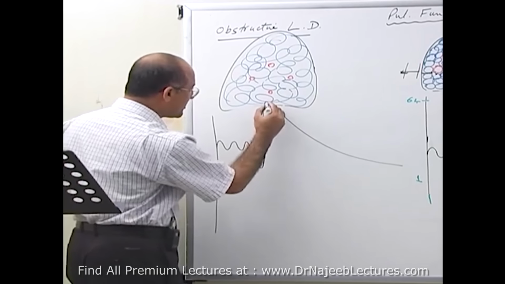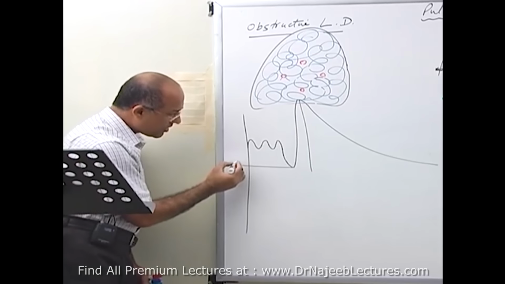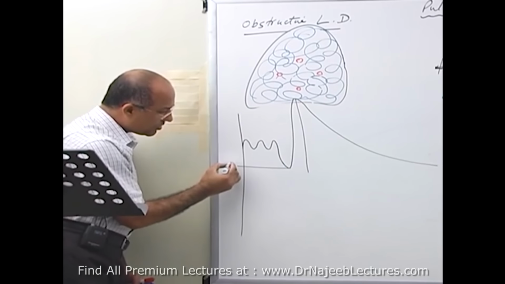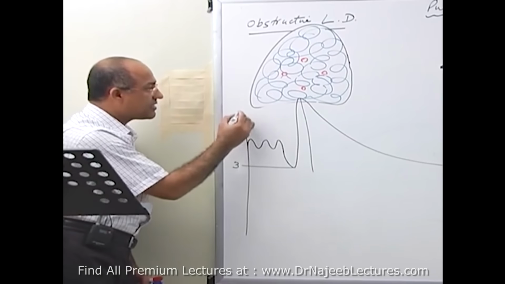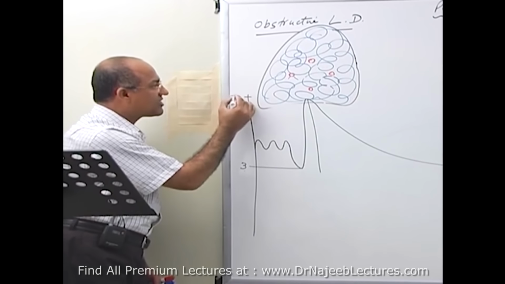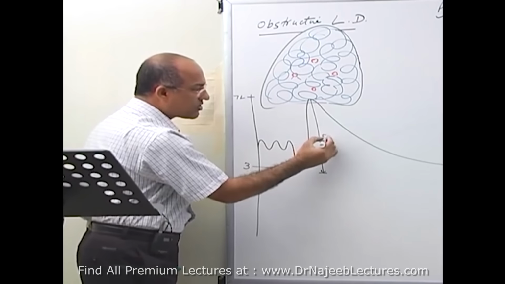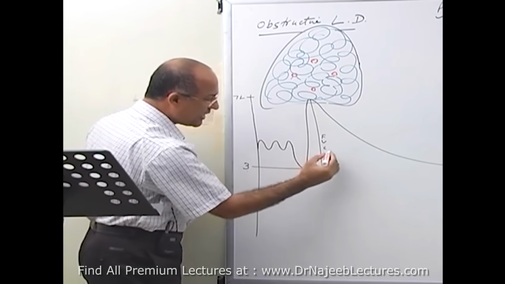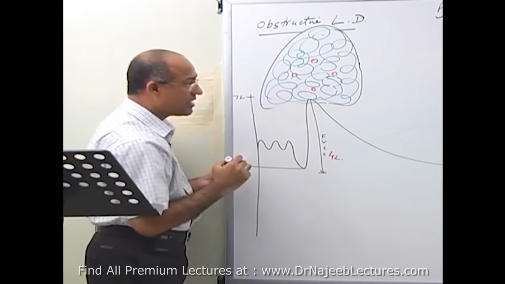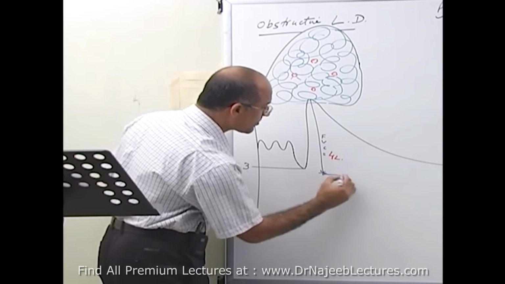Now, in this case, let's suppose residual volume was here at 3 liters, and here it was 7 liters. So how much was the forced vital capacity? 4 liters. Now we see during the first second how much really came out.